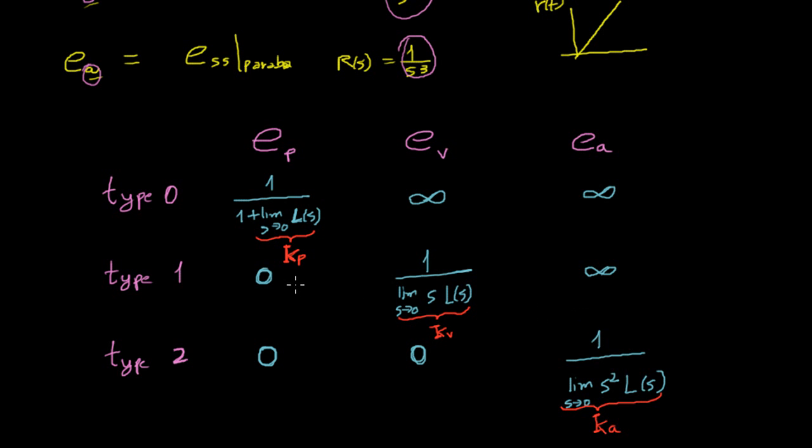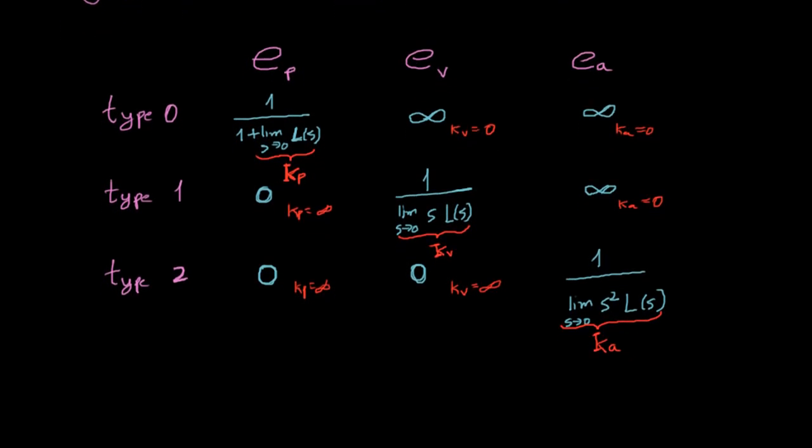Well, obviously in these other cases, Kp is equal to infinity, here Kp is equal to infinity, here Kv is equal to infinity, this one Kv is equal to 0, and here Ka is equal to 0. Okay, again, I don't see the point in defining them, well, apart from making students' life miserable.